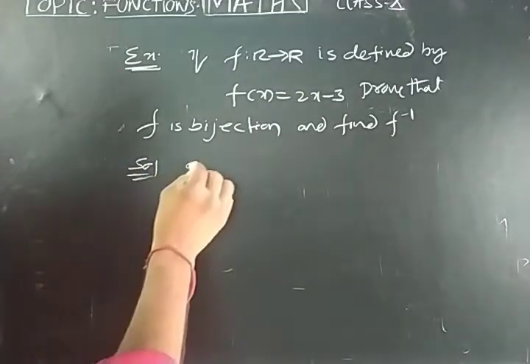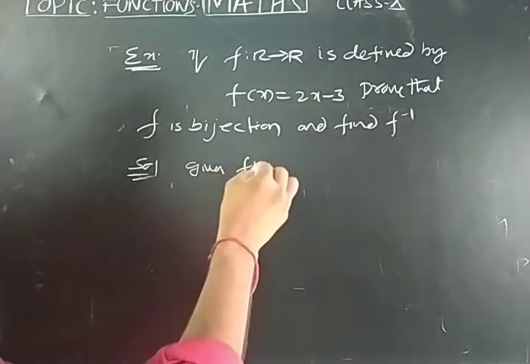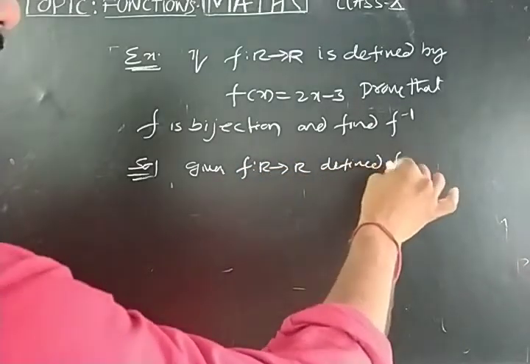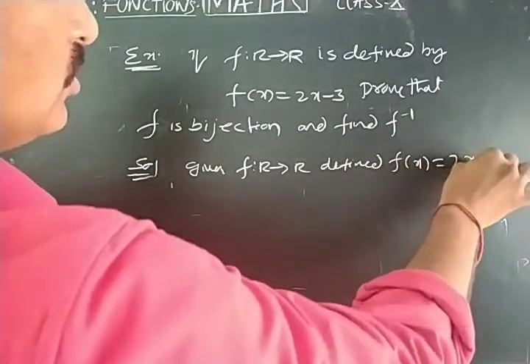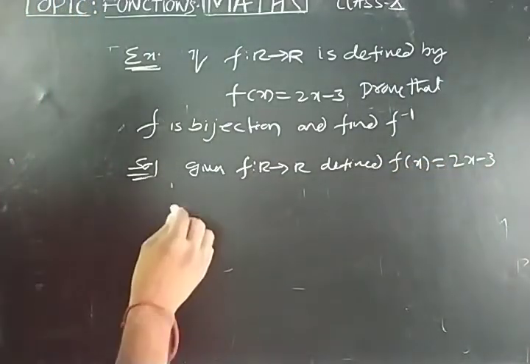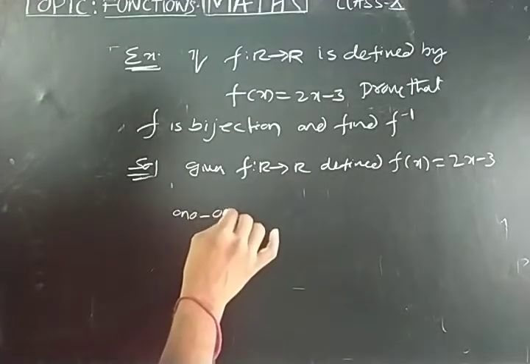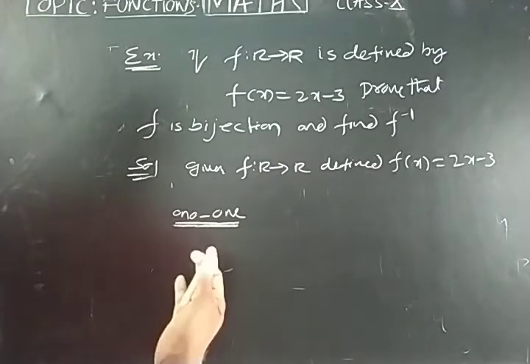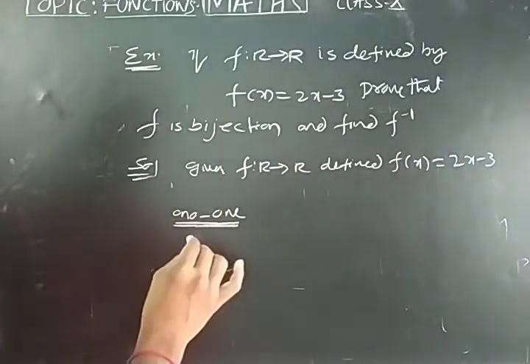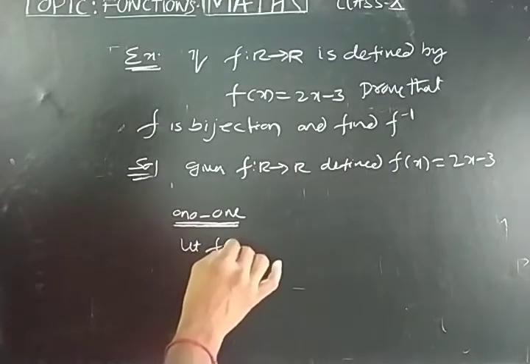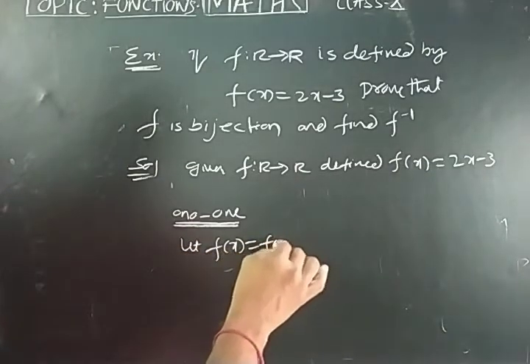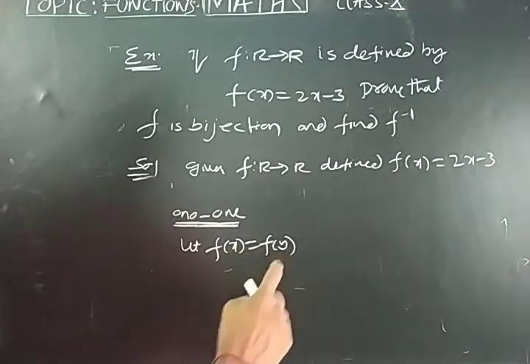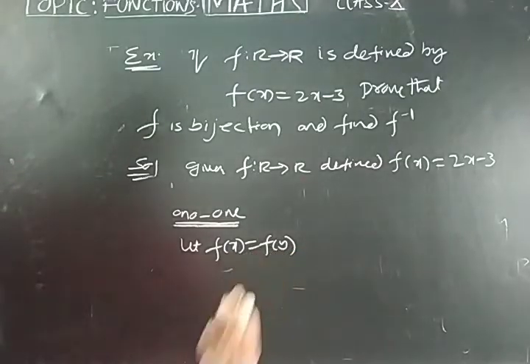Solution. Given f from R to R defined by f of x equal to 2x minus 3. To show it is a bijection, first I show it is one-one. Take two images equal: let f of x equal to f of y, and show the domain elements x equal to y.